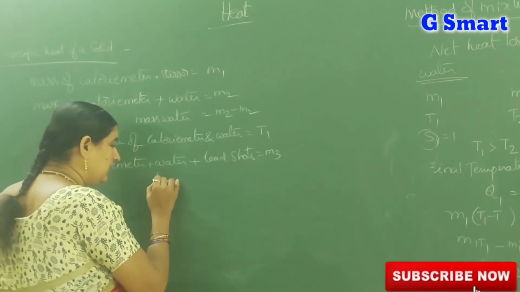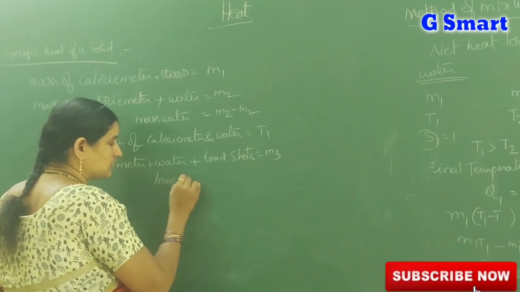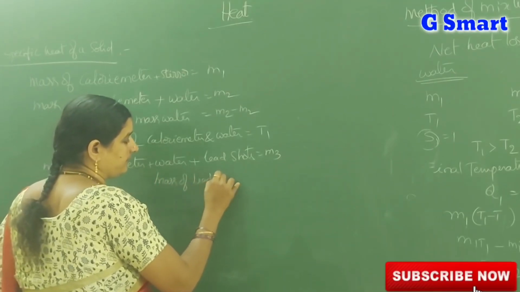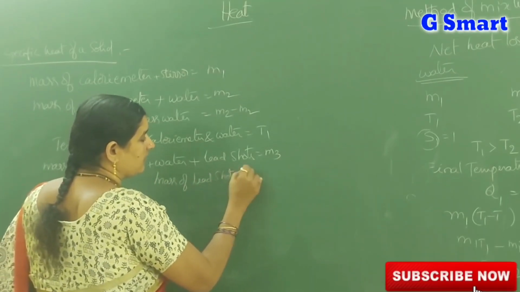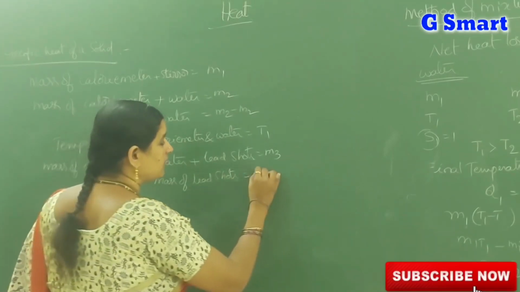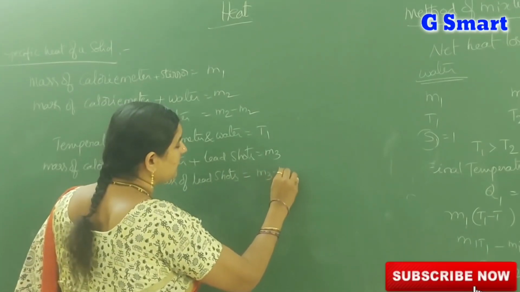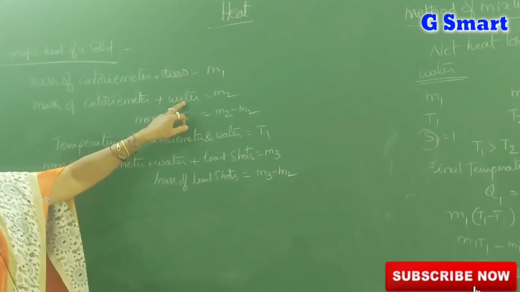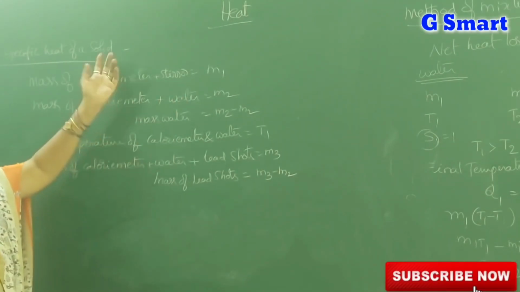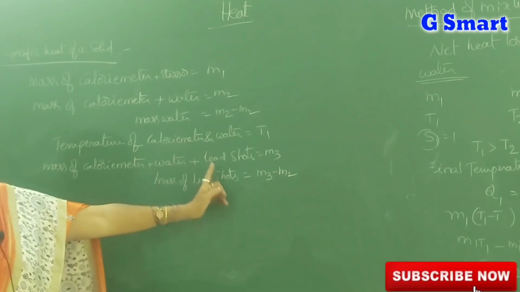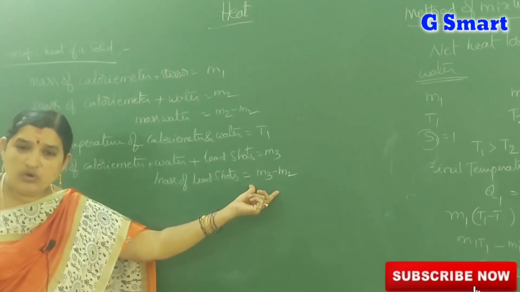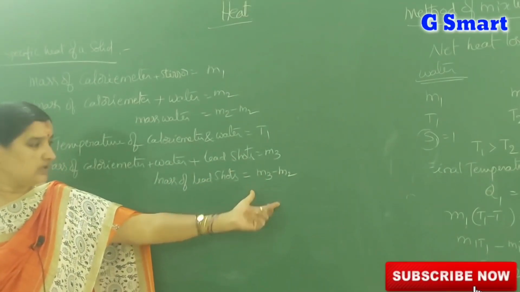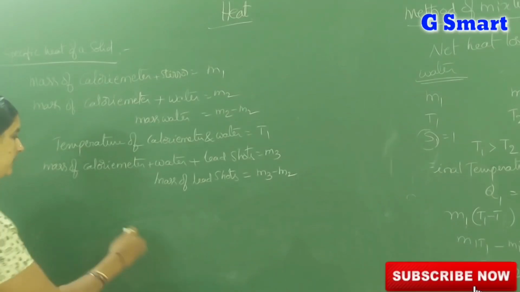But you want only the mass of lead shots. Mass of lead shots is equal to M3 minus M2. Mass of calorimeter plus water, subtracted from calorimeter plus water plus lead shots, gives only the mass of the lead shots, that is M3 minus M2.